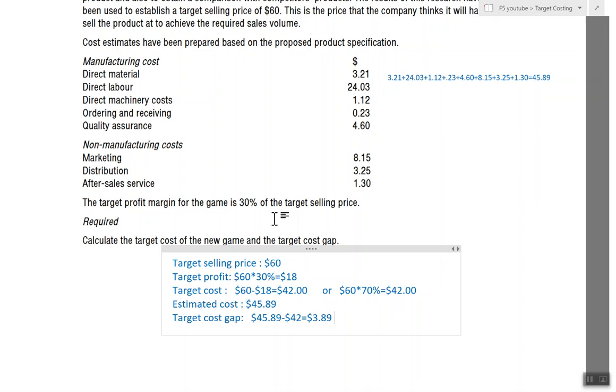Remember, if they ask us how the company would reduce the target cost gap, remember some answers are general, but in some places you have to go specific. Like in this question, if they ask us, how could you reduce the target cost of the product? The first thing I will do is look for the costs that are higher. Like here we have labor.